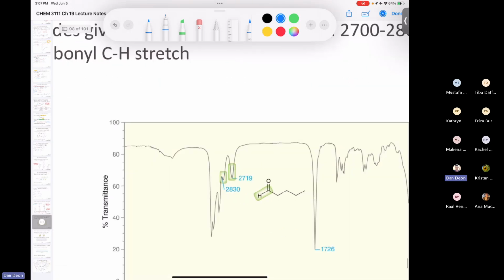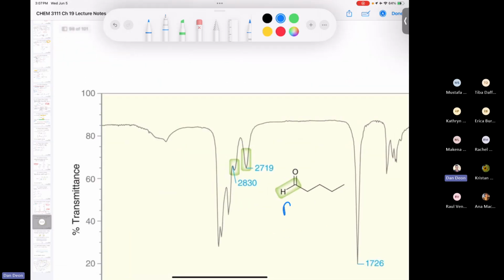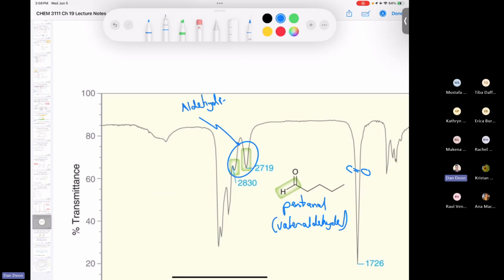Here you see aldehydic stretching. This is pentanal, or valeraldehyde. Both are perfectly acceptable. So you see the carbonyl stretch, but then these are the aldehydic stretchings.